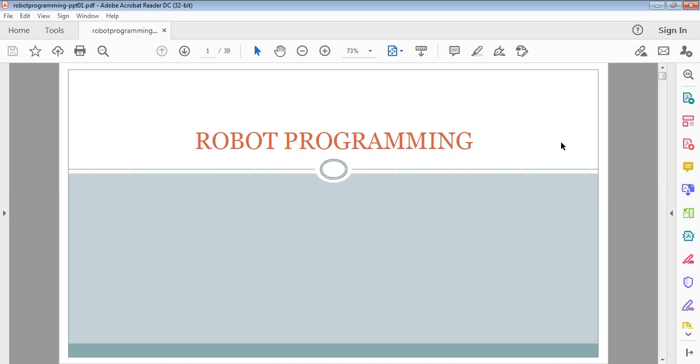Before that, you learned the fundamentals of frame transformations, which is very important in this subject. After kinematics, we discussed the dynamics of industrial robots, and then the Jacobian matrix.